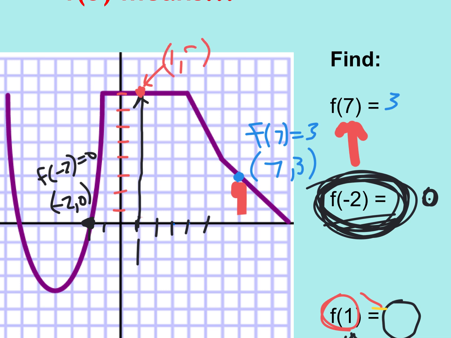I think it's 8. You're under a lot of pressure now, so I think it's 8. Anybody else verify 8? Okay. Then, what's f of 1? This little thing can be written as f of 1. There you go.